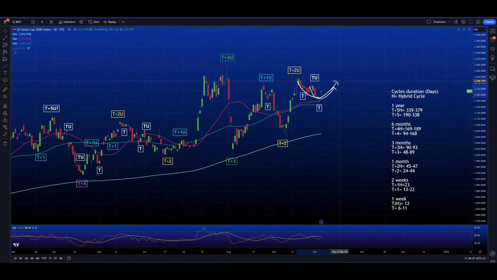And in order to close a T+1 upward cycle, we need a couple of days to the upside in order to have the sufficient condition to close the T+1. Okay, so also in this case, from the beginning of next week, I'm expecting more uptrend rather than downtrend, with a potential return over this T+2, and eventually the target, as said, will be $2,299. So that is all for all the main USA indexes.